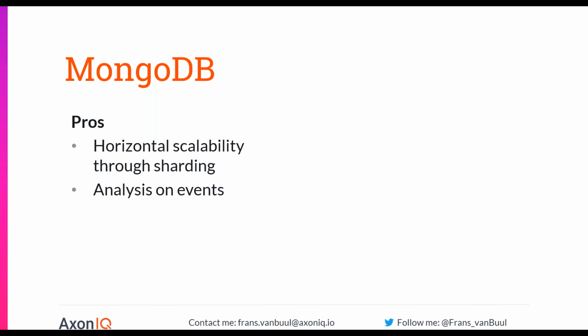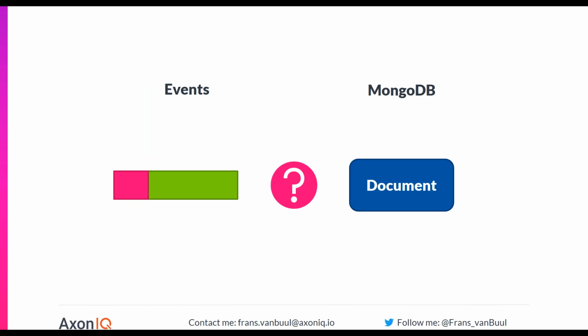There is, however, also a very big con, and it has to do with the fact that MongoDB is a document-oriented database. And this raises the question, how do events map to documents? Well, the obvious choice, if you think about it naively, is to map those things one-on-one. So an event in the event sourcing sense would be a single document in MongoDB.